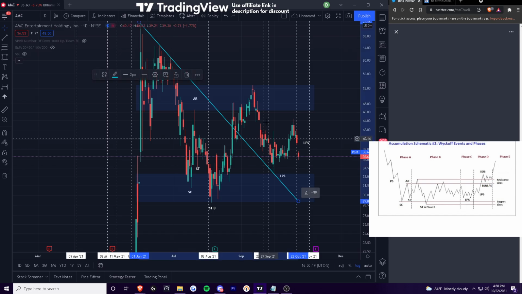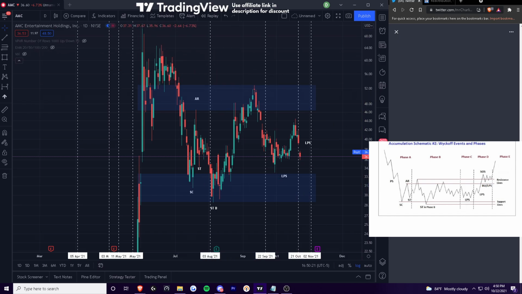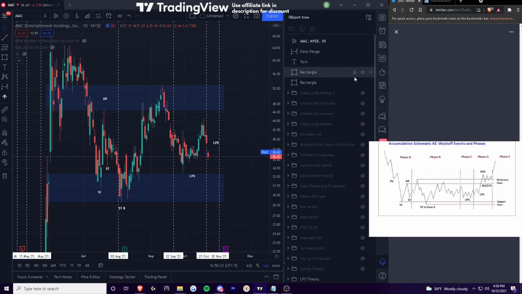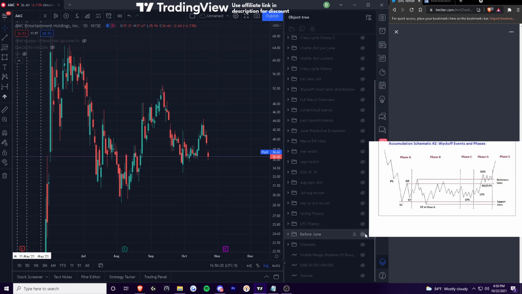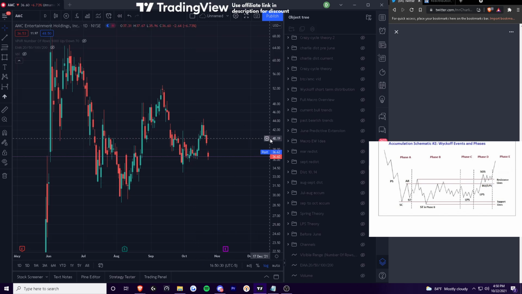If you want to look at it from an Elliott Wave perspective, I suppose you could try that. Let's take a look and see what we think.